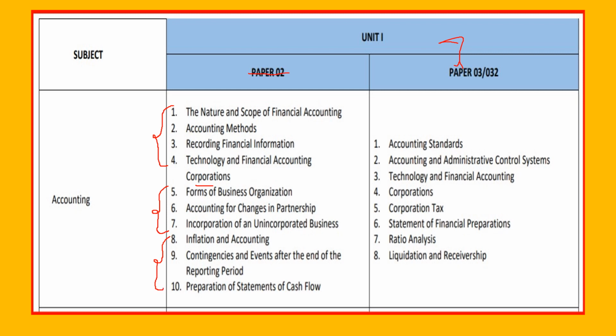Now, this topic, inflation and accounting, can also come in module 2. It's one of those topics that overlap, because module 2 has to do with the preparation of financial statements, and this one has to do with the analysis of the financial statements.